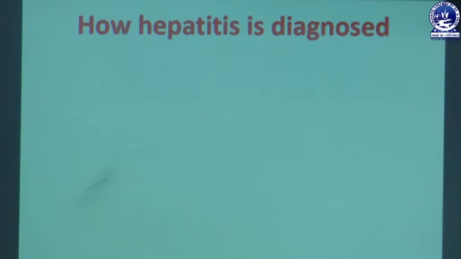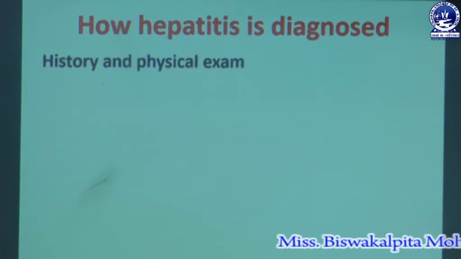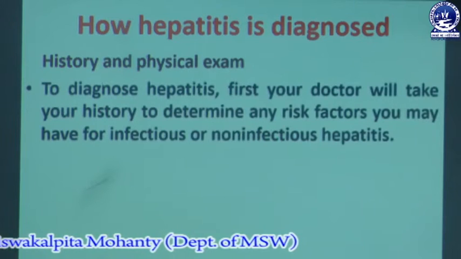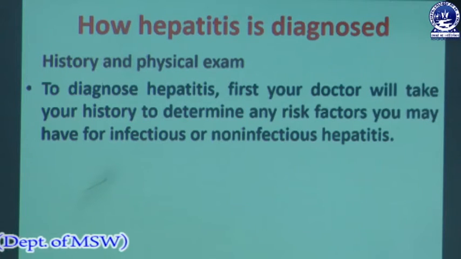Let's discuss how we can detect that a person is suffering from hepatitis disease. First is history and physical exam. To diagnose hepatitis, first your doctor will take your history to determine any risk factors you may have for infectious or non-infectious hepatitis.